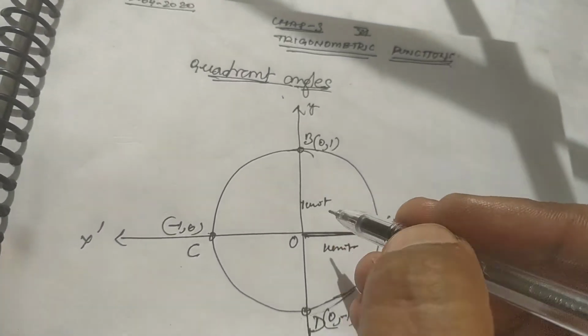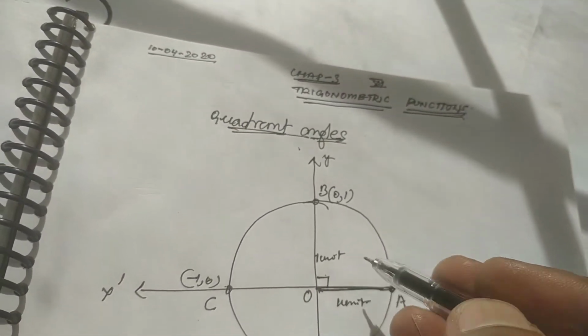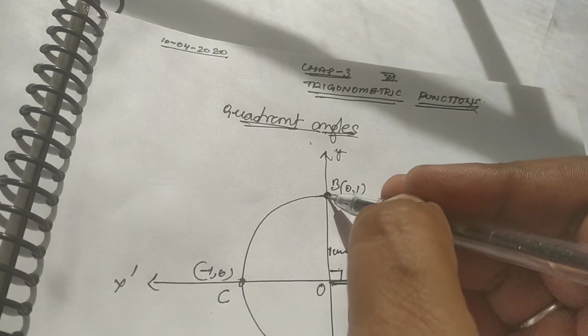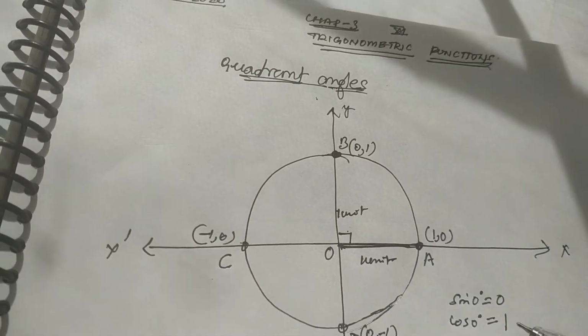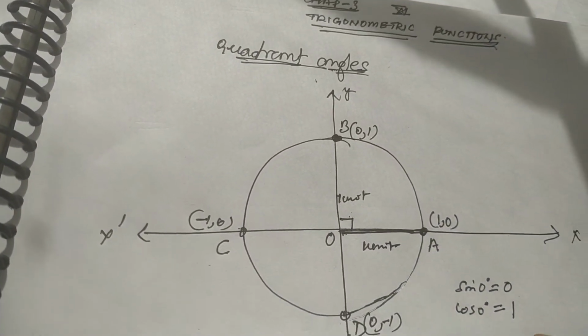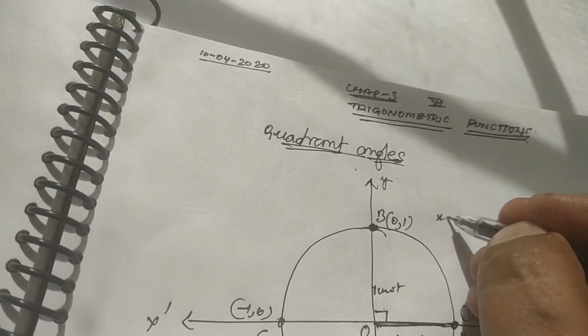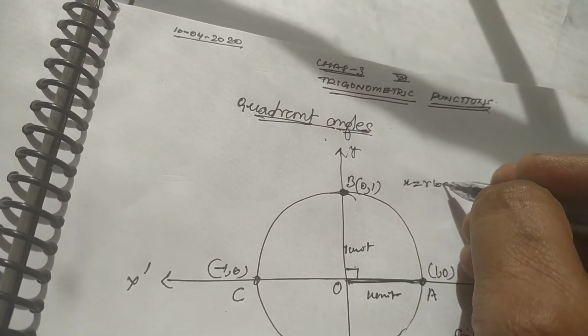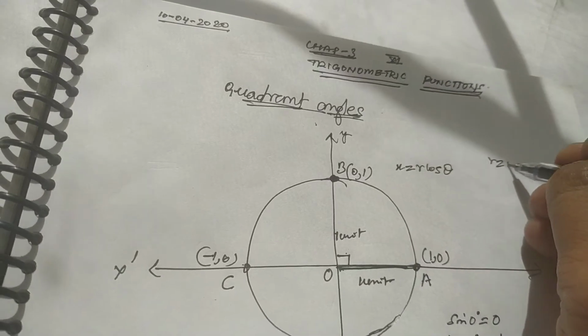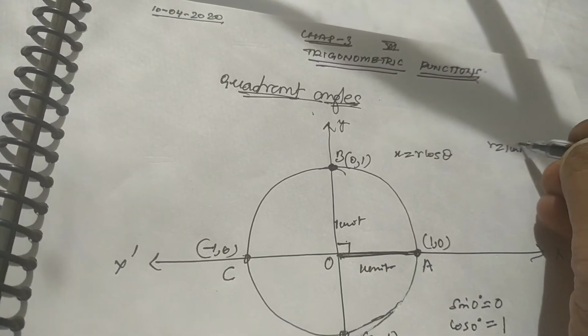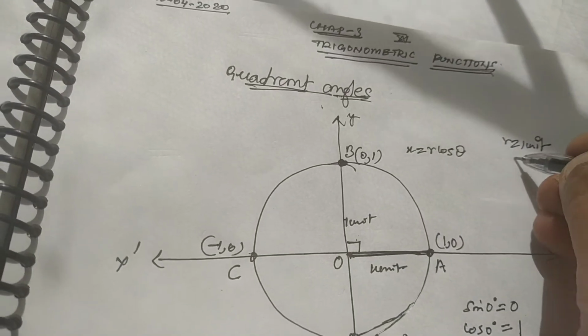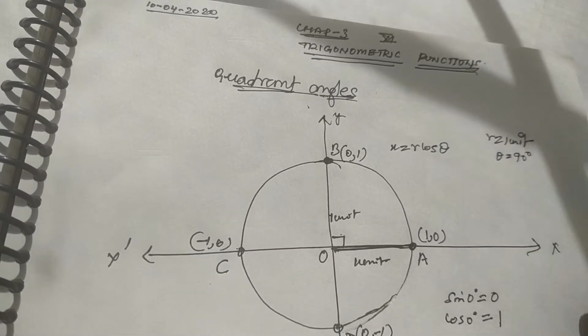If we move to 90 degrees, we know that x is equal to r cos theta, where r is 1 unit and theta is 90 degree.